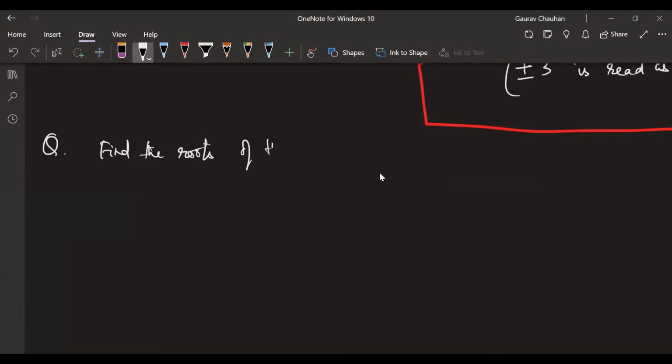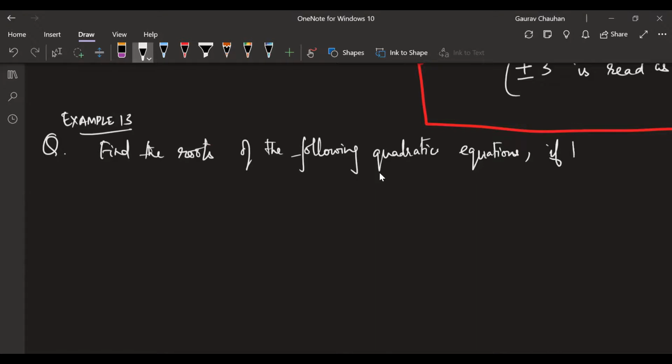Find the roots of the following quadratic equations, if they exist, using the quadratic formula. I'm copying the question verbatim.